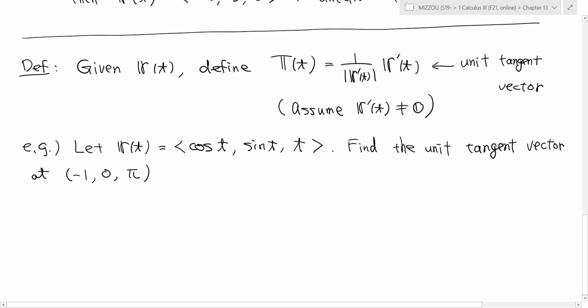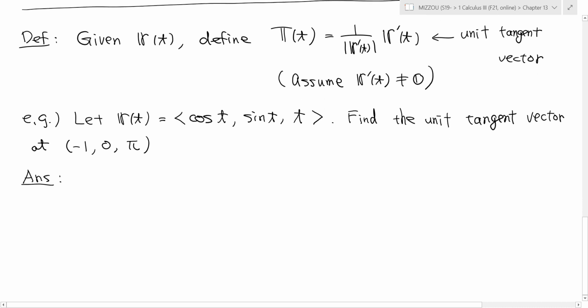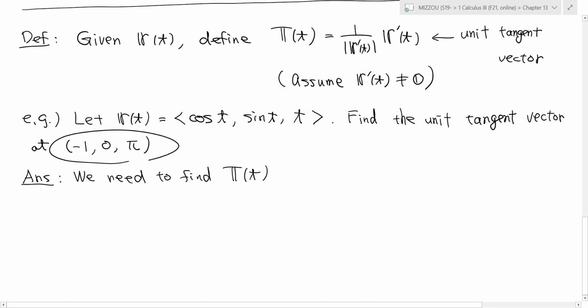Okay, here's the answer. So here's a definition of unit tangent vector in general. So first, we need to find r prime of t. Let's forget about this point for now. Let's just find this by using the formula.